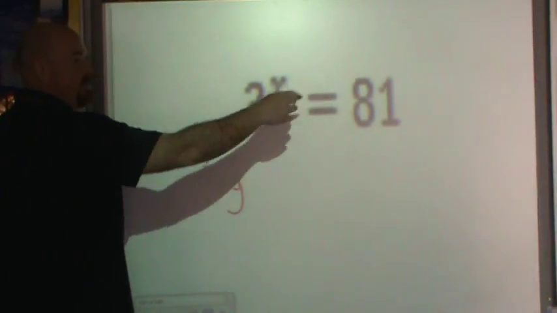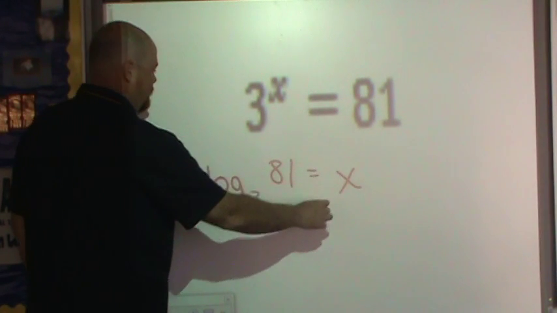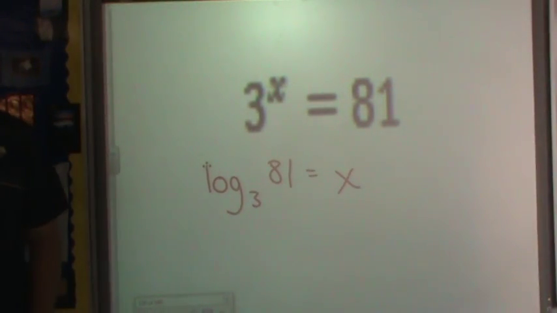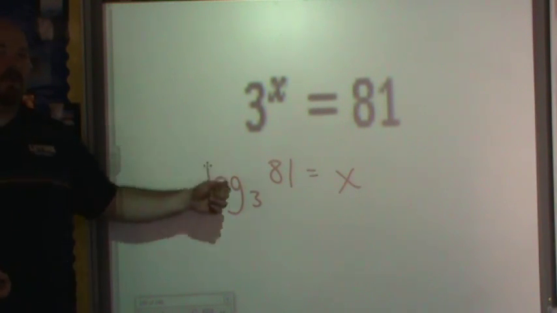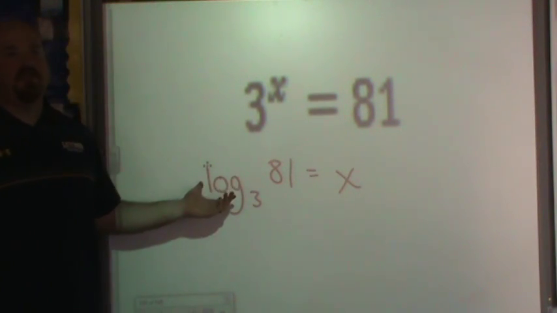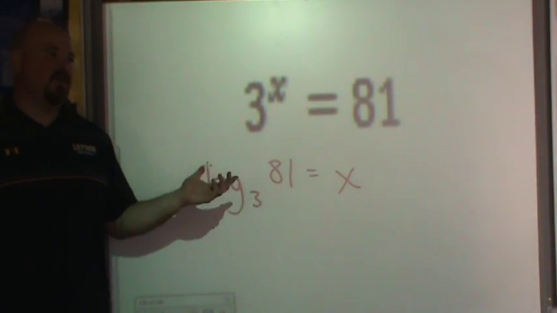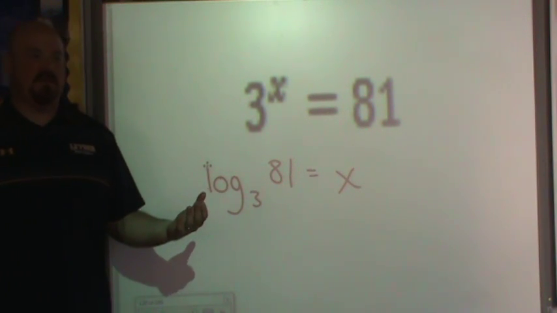A different interpretation of this statement would be this. In other words, it's a translation from exponential form to logarithmic form. A logarithm is, and this is hard for people to understand, an exponent.